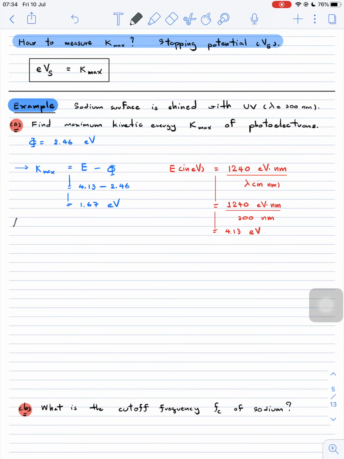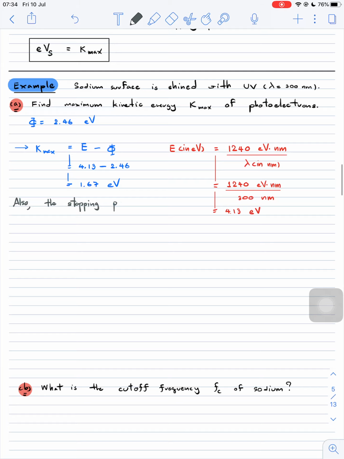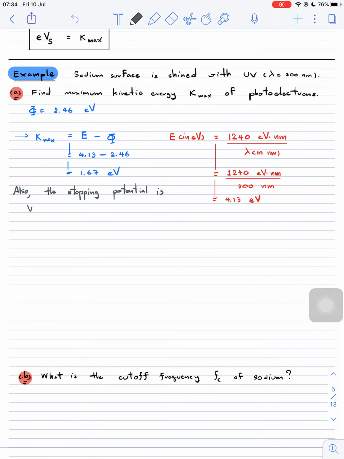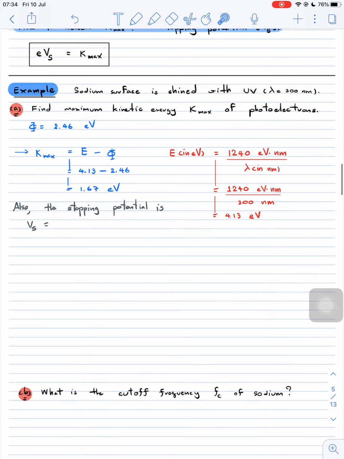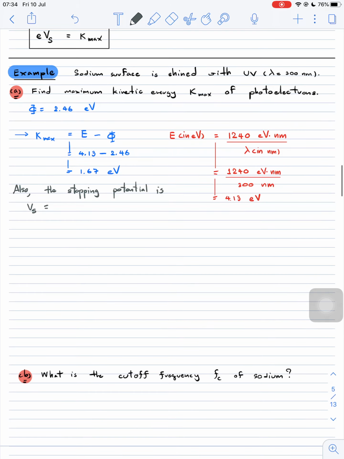Let's say that also, the stopping potential Vs equals the Kmax over the e.